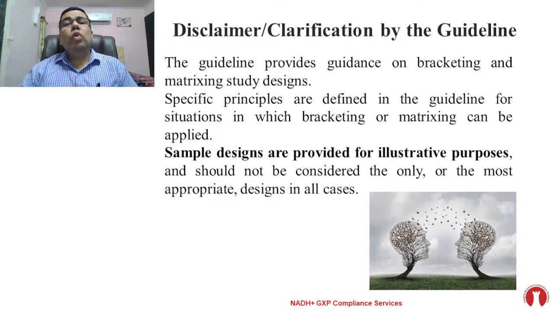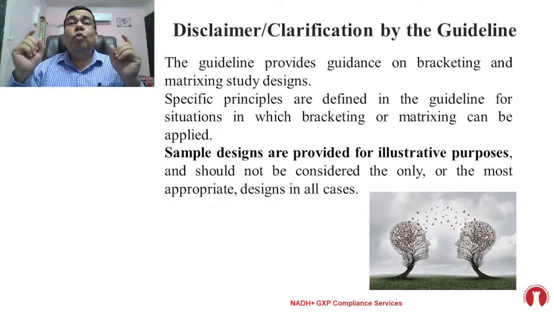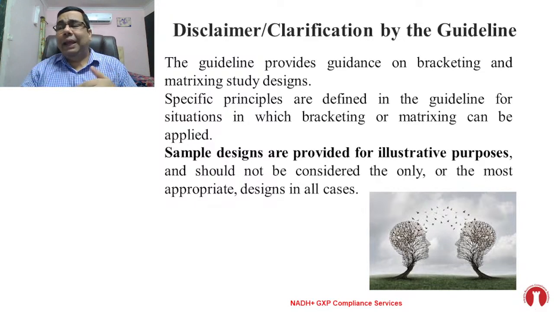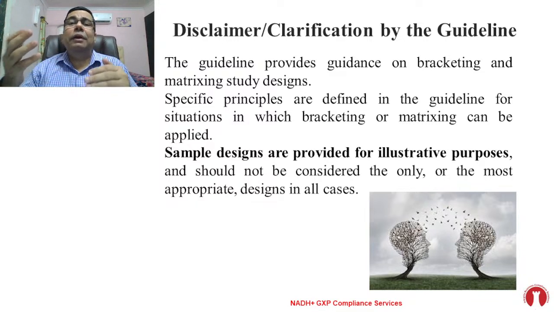Okay. So the ICH Q1D guideline itself has given a clarification or disclaimer to all the people. What is the disclaimer? That this guideline provides bracketing and matrixing study designs. So they have given some designs for bracketing and matrixing. Specific principles are defined in the guideline for situations in which bracketing or matrixing can be applied. So the situations where we can apply bracketing or matrixing are recommended by the guideline.